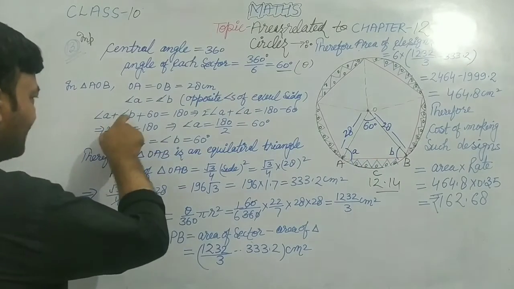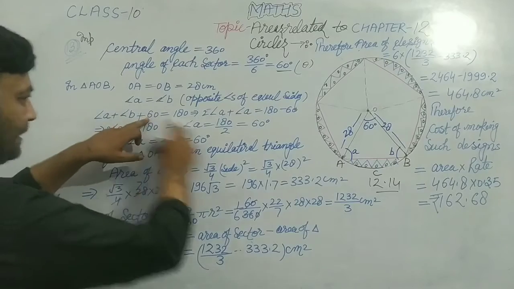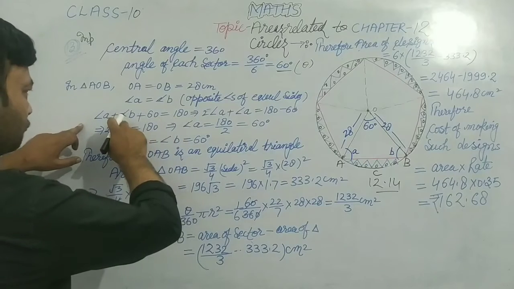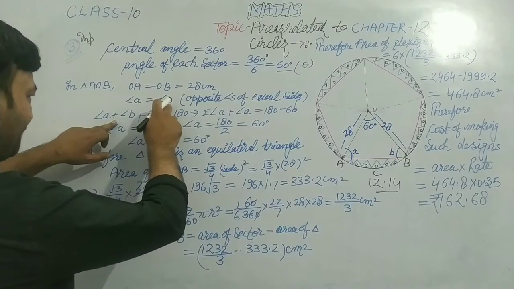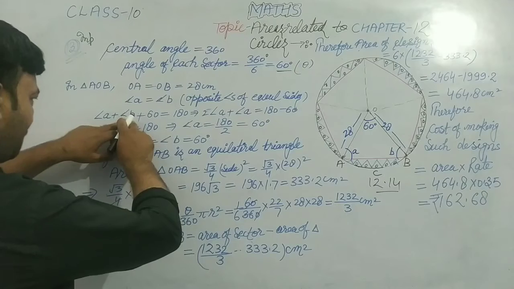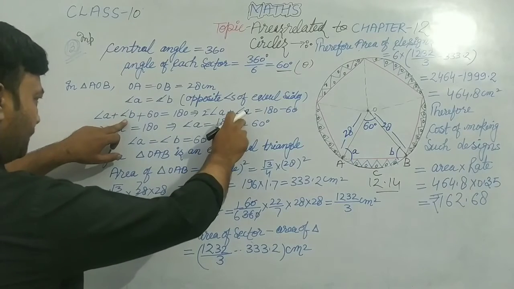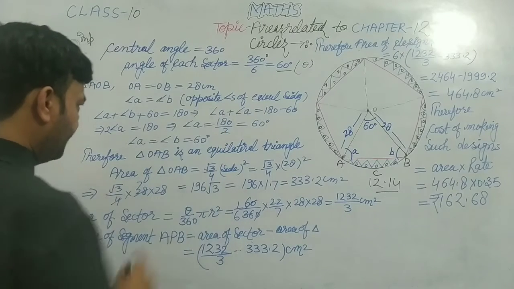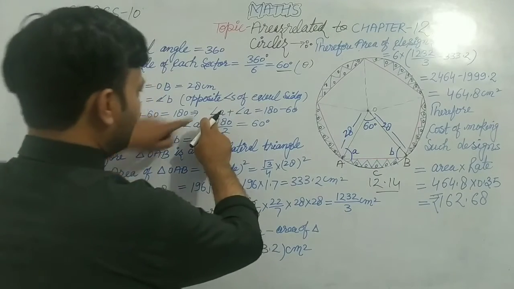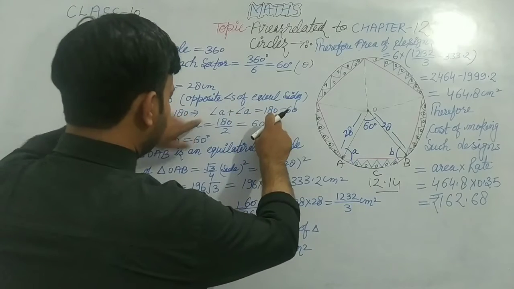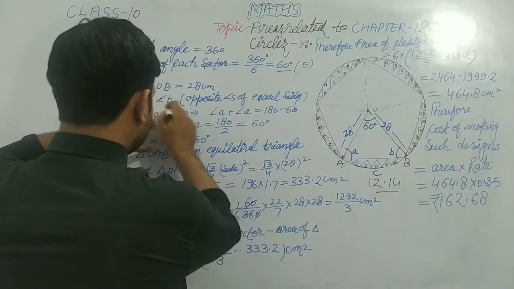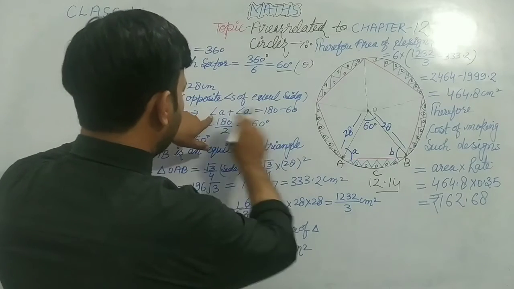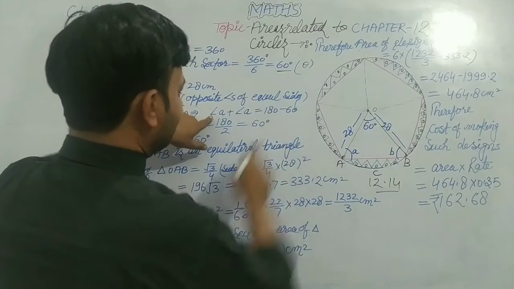Angle A plus angle B plus 60 equals 180, and we use angle A equals angle B. In place of B we put angle A, so angle A plus angle A equals 180 minus 60.